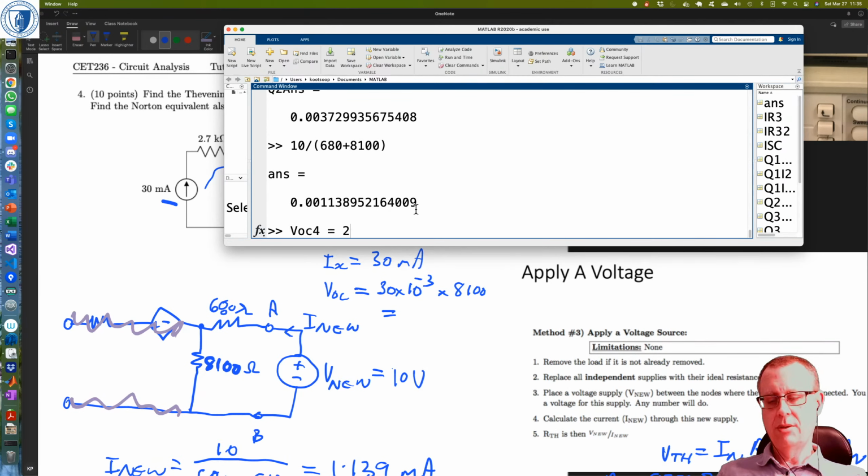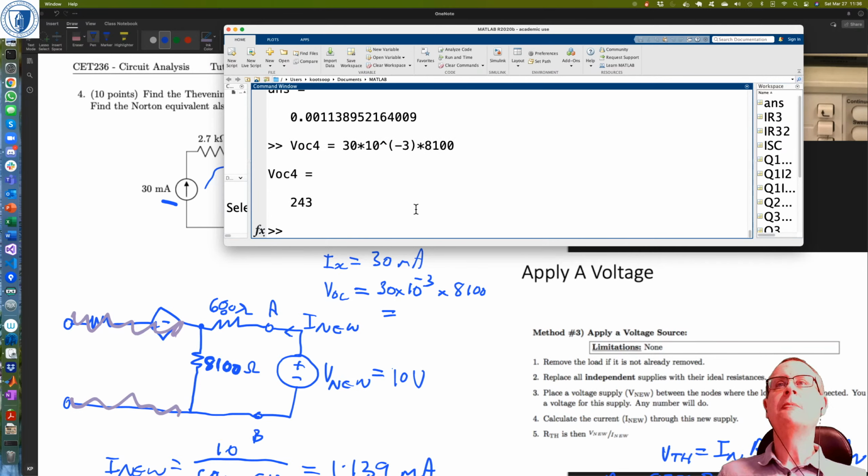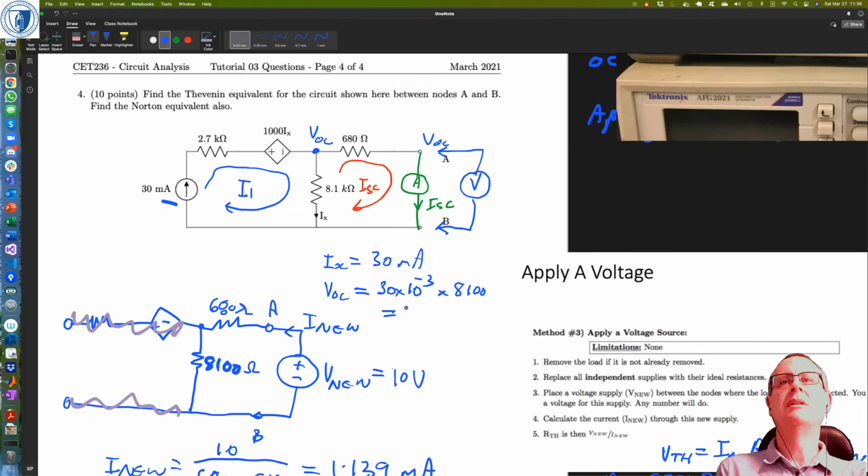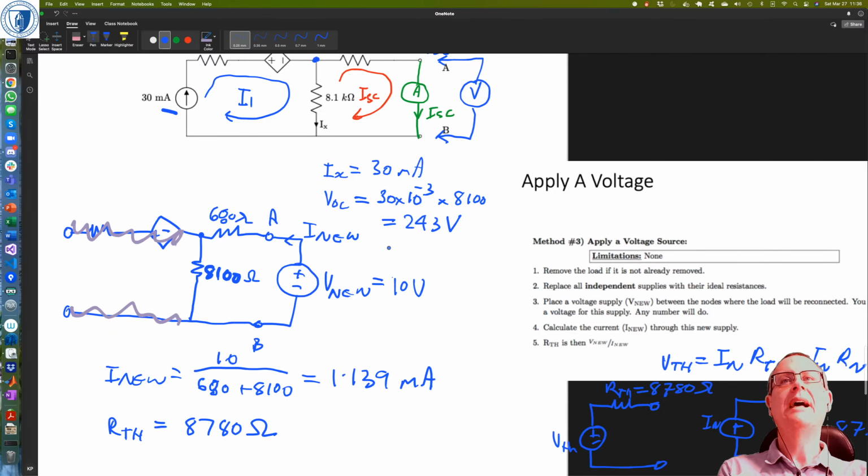It's 30 by 10 to the minus 3 times 8100, which is 243. That's a pretty big voltage. So the open circuit voltage is 243 volts, and that is my Thevenin voltage.